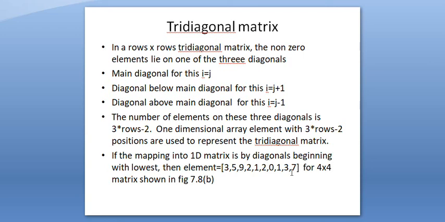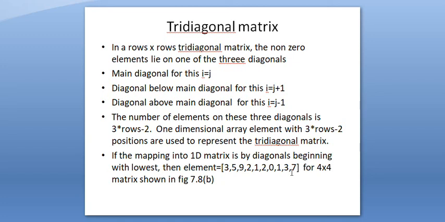So what is your lowest diagonal? The lowest diagonal elements are 3 5 9. If you observe the 4 by 4 matrix, 3 5 9 are the lowest diagonal elements, and the next is your main diagonal, where the element values are 2 1 2 0, and the last diagonal elements are 1 3 7, which is the diagonal above the main.